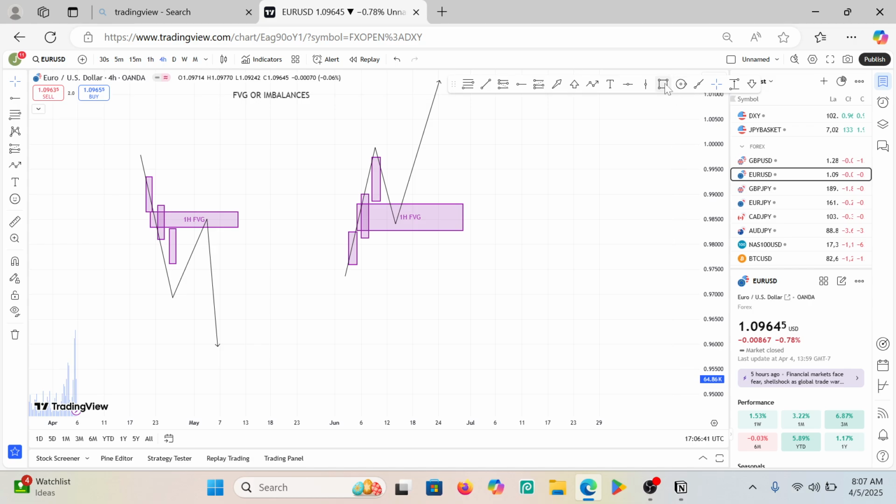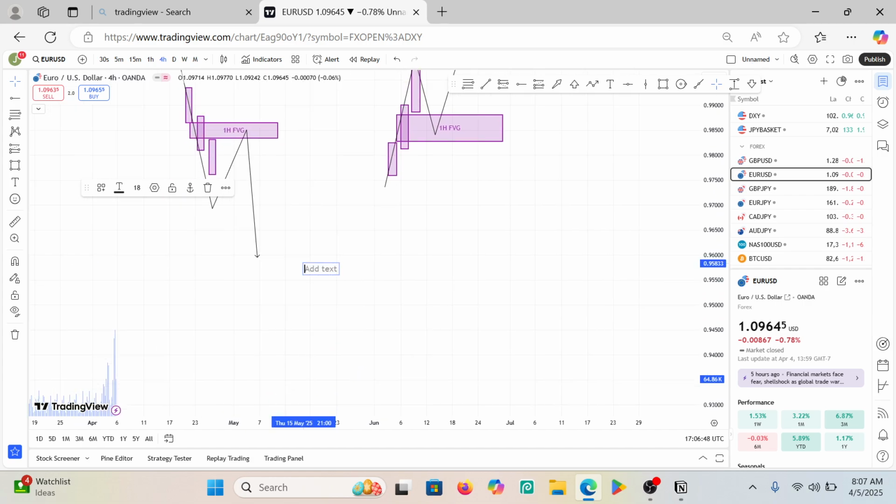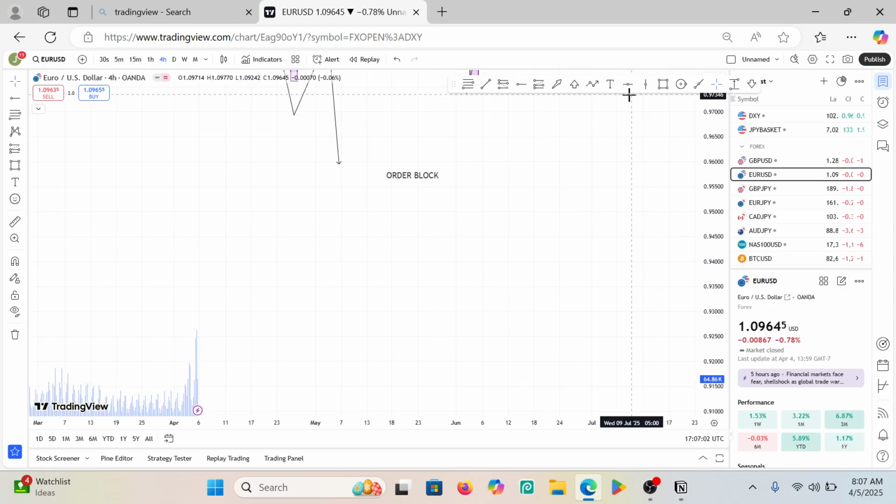Let's take an example. We have a bullish order block and a bearish order block. Take this example.